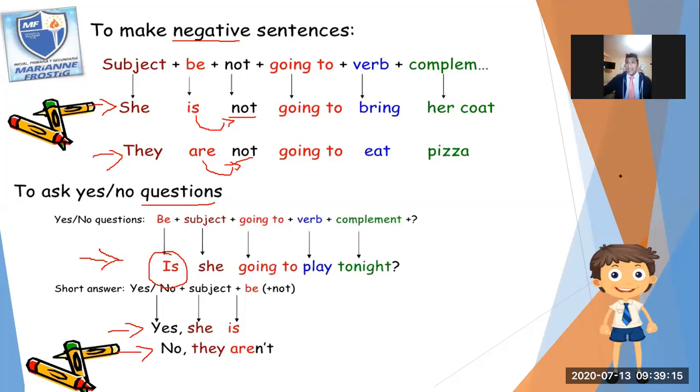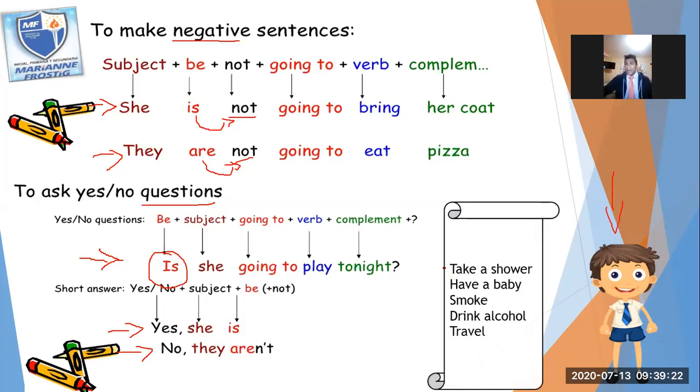Now, here I have my friend Pepito, okay? And Pepito has 1, 2, 3, 4, and 5 actions, okay? Listen.